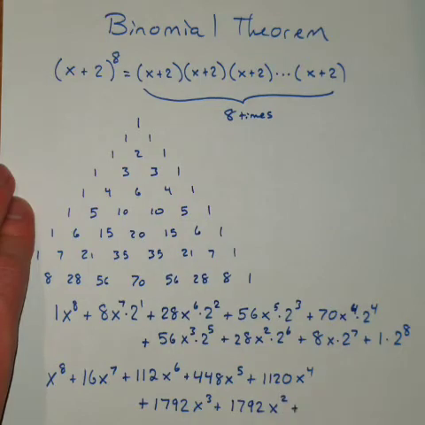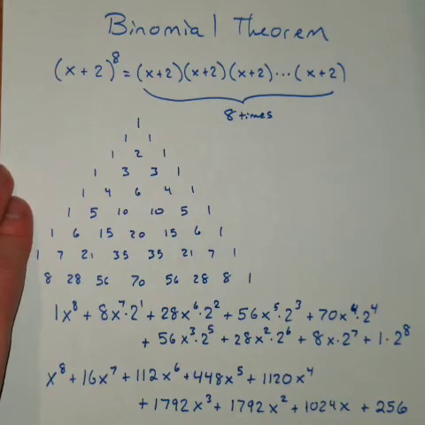And then you get 2 to the 7th, which is 128, times 8. That's 1024x. And then finally 2 to the 8th, which is 256.